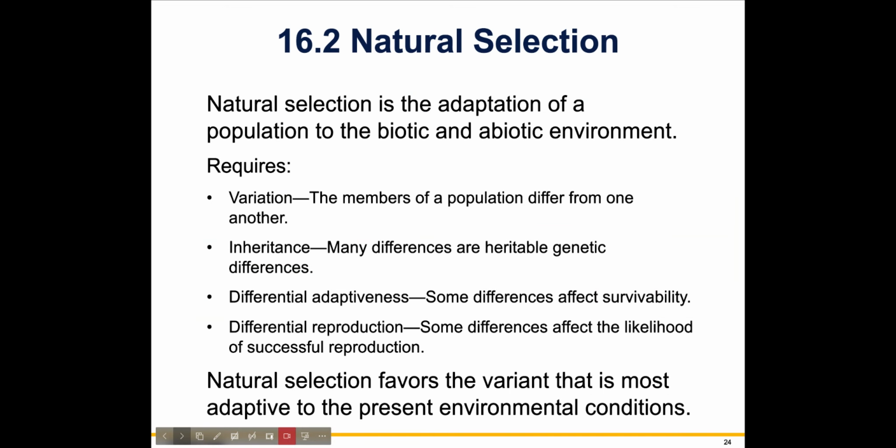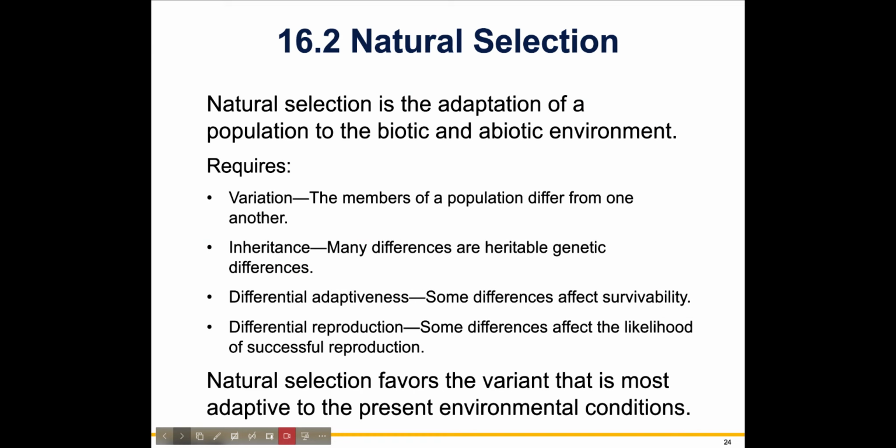So natural selection is the adaptation of a population to the environment, the living parts or biotic parts and the non-living parts, abiotic parts.